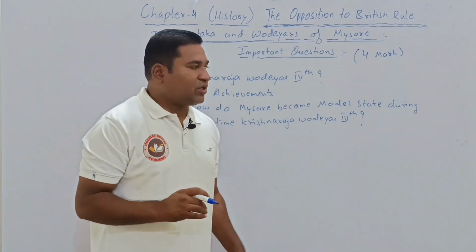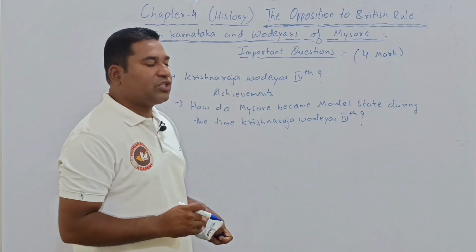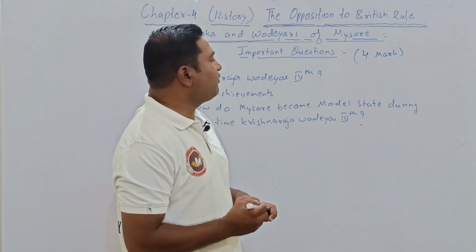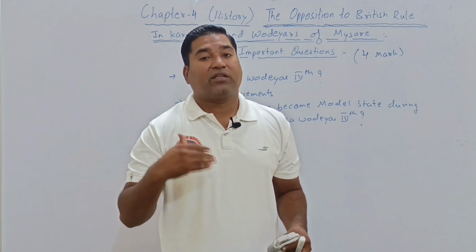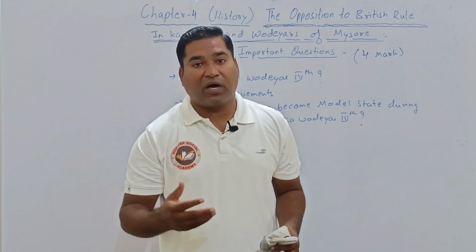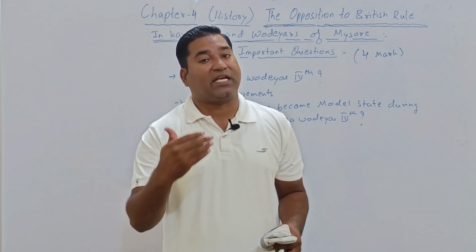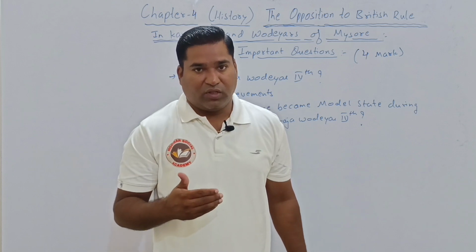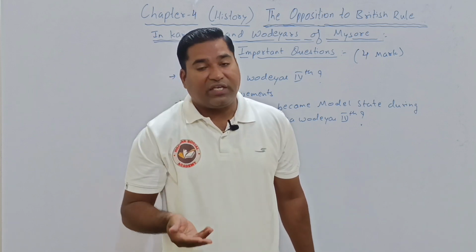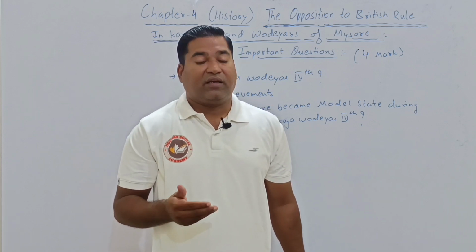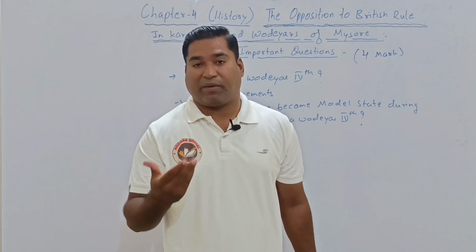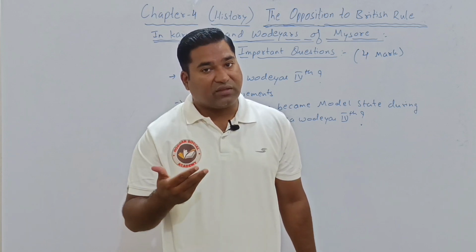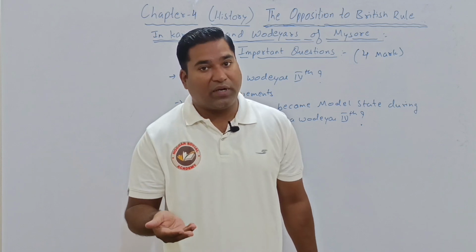4 marks. So in this way, in this chapter, Opposition to British Rule in Karnataka and Wodeyars of Mysore, we got to know which are the very important questions for the 1 mark, 2 marks, 3 marks as well as 4 marks. On completion of each and every chapter, I am going to bring you the very important questions from that chapter. All the chapters are being uploaded.